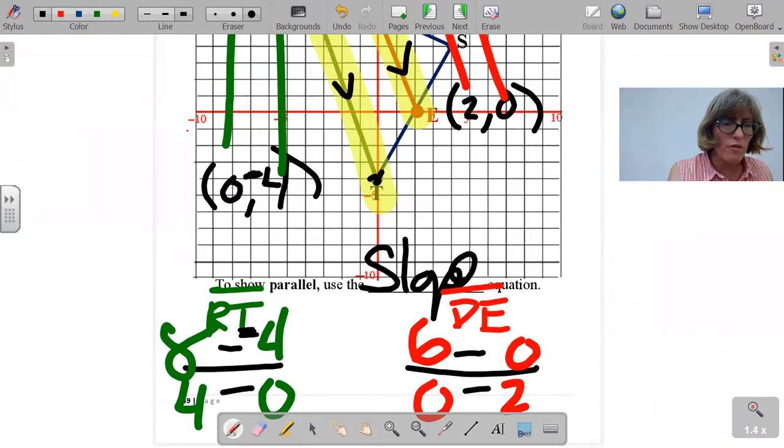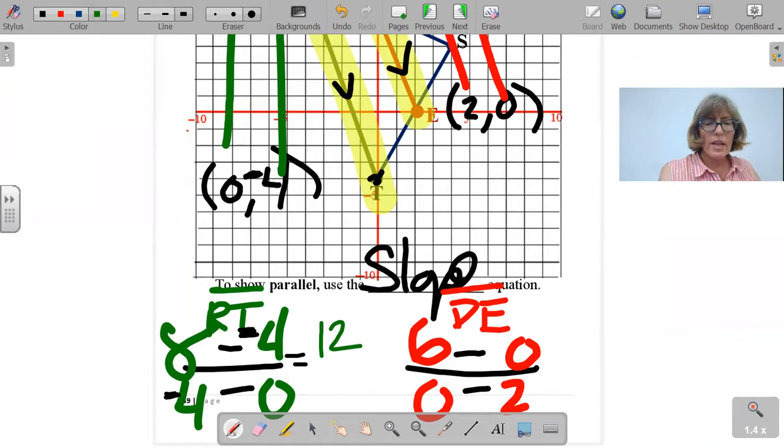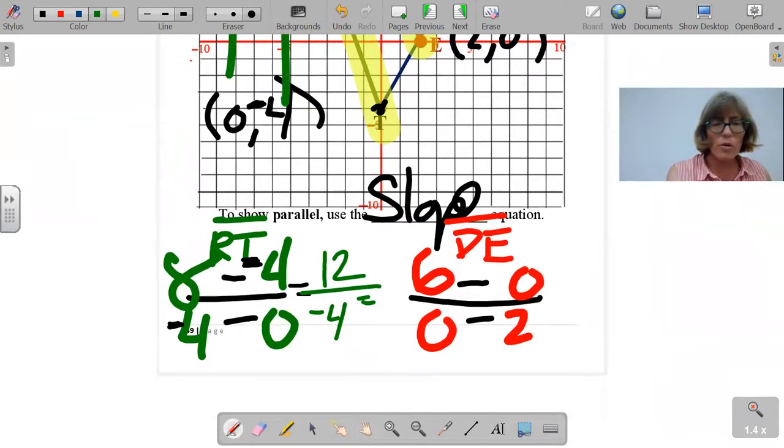I knew there was something off. And then this is going to be -4 minus 0. Okay, now we're good. So 8 minus -4, that gets us 12. And -4 minus 0 gets us -4, which means our slope for this segment is going to be -3/1.